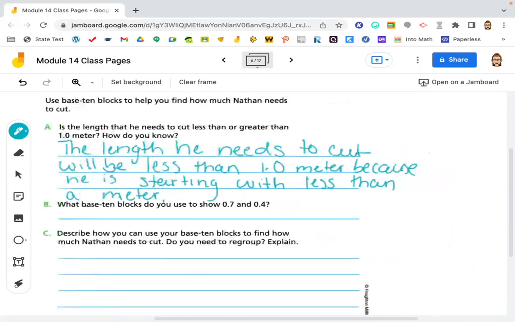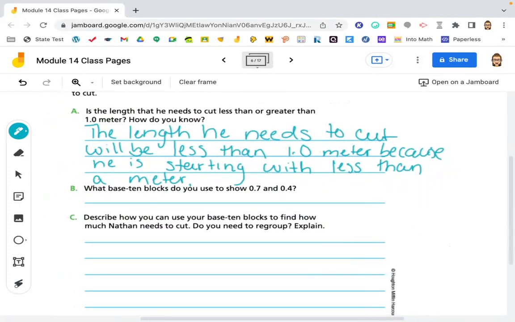What base 10 blocks do you use to show 7 tenths and 4 tenths? Well, you would use 7 longs for the 7 tenths and 4 longs. Describe how you can use your base 10 blocks to find how much Nathan needs to cut.